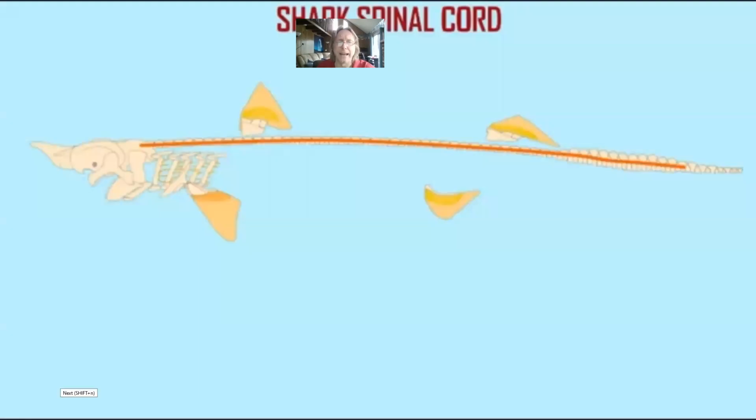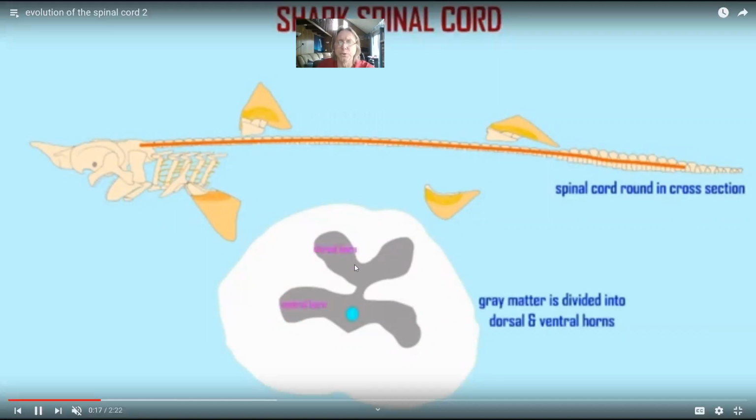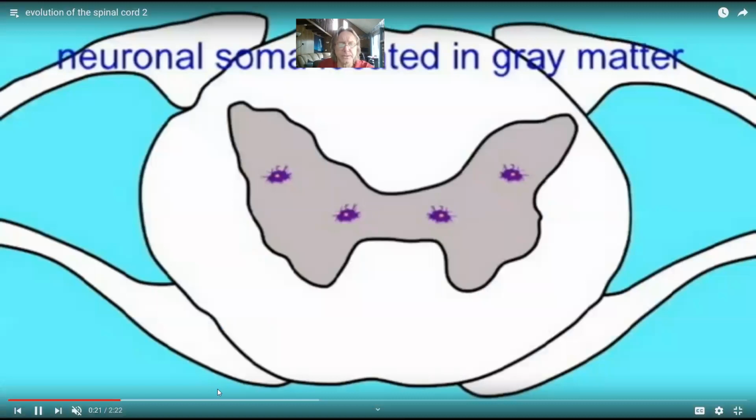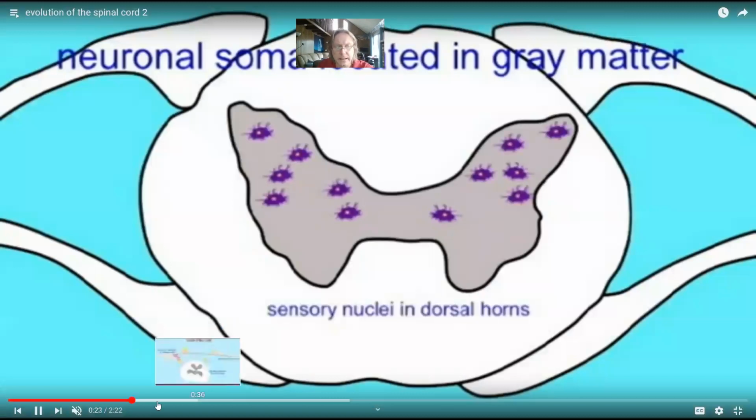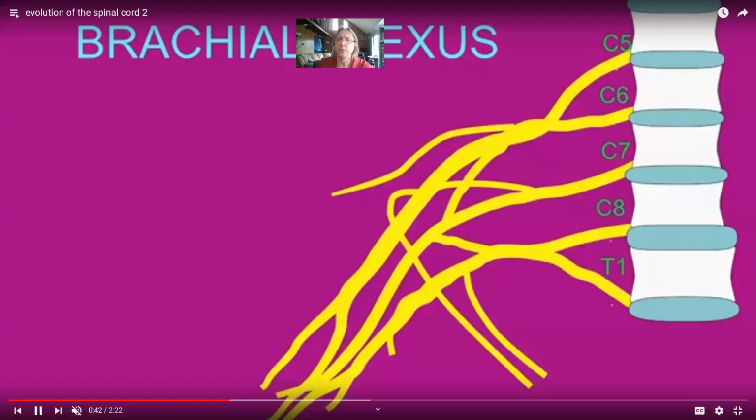If we now look at jawed fishes, the spinal cord is rounder, and the gray matter is more obviously divided into dorsal horns and ventral horns, just as we see in the human spinal cord. There are plexuses, although they are variable.